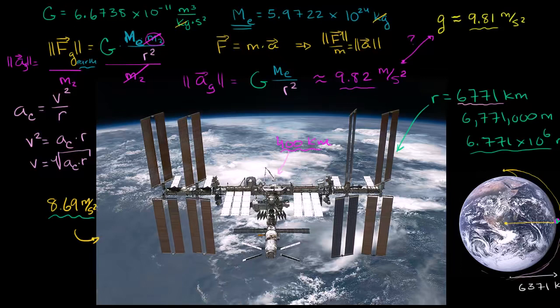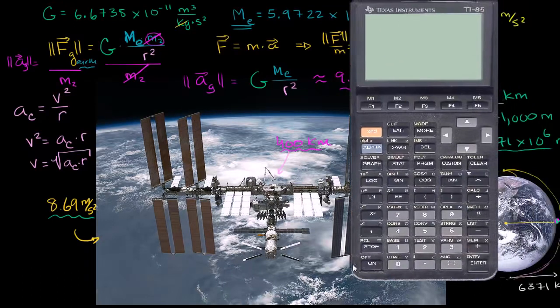But let's get our calculator out and actually calculate this. We want to calculate the principal square root of the acceleration due to gravity at this altitude. The magnitude of the acceleration due to gravity at that altitude is 8.69 meters per second squared times the radius of our circular path.